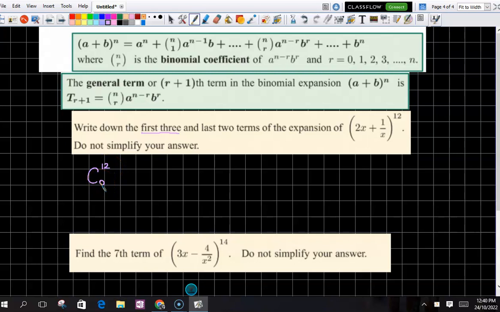You can't say 1, right? The first term is actually C 12,0. That gives you, believe it or not, the 1, which is that first 1 in Pascal's triangle, yeah? And it's your first term here to the power. So it's going to be 2x to the power of 12.